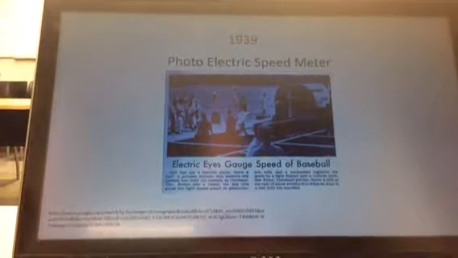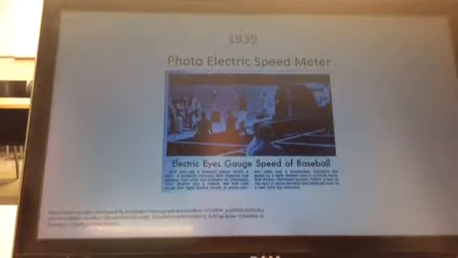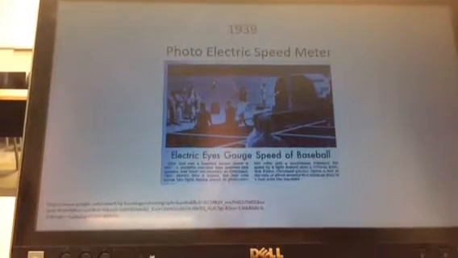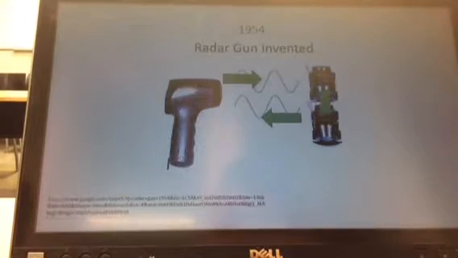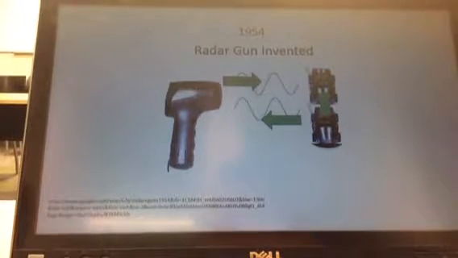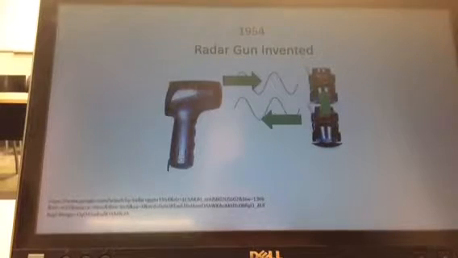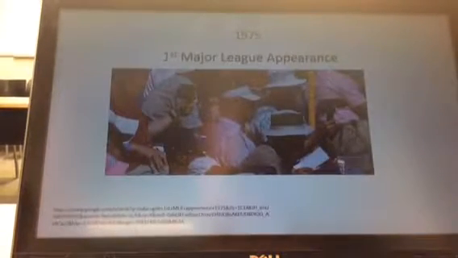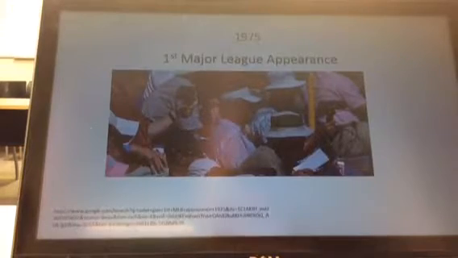In 1939, they used a photoelectric speed meter, which was a ball that was hurled into a tunnel cutting across two light beams aimed at photoelectric cells. In 1954, the radar gun was invented, initially used by the police force. Finally, in 1975, the radar gun made its first major league appearance.